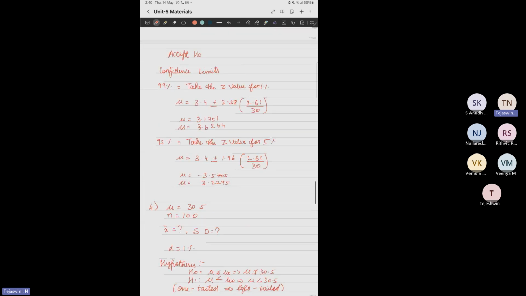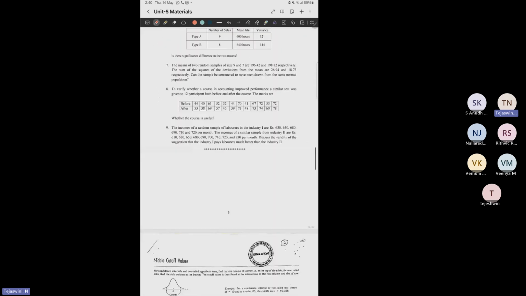So we'll see the first question and fourth question now in this problem sheet.